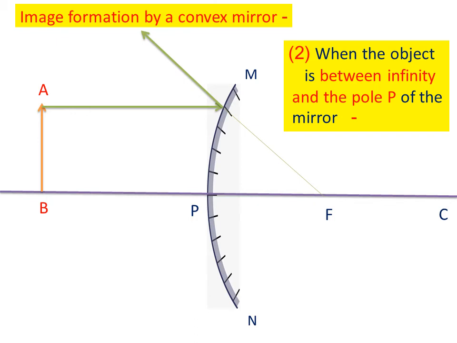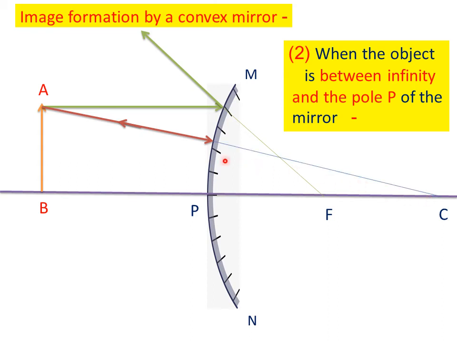Now another ray is directed in the direction of the center of curvature like this. After reflection it is reflected back along the same path, and it appears to diverge from the center of curvature.